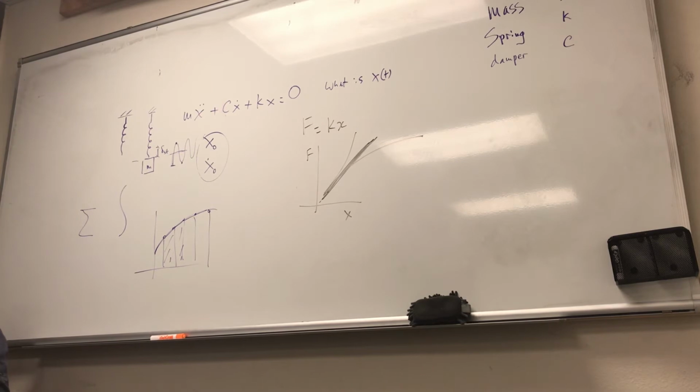A vibratory system is a dynamic system. Always keep that in mind. Remember what we said when we did dynamics? When you want to describe the dynamics of something, you need to know position at any given time, velocity at any given time, and acceleration at any given time.